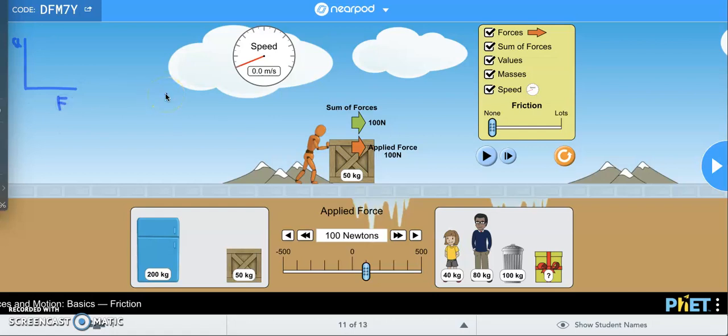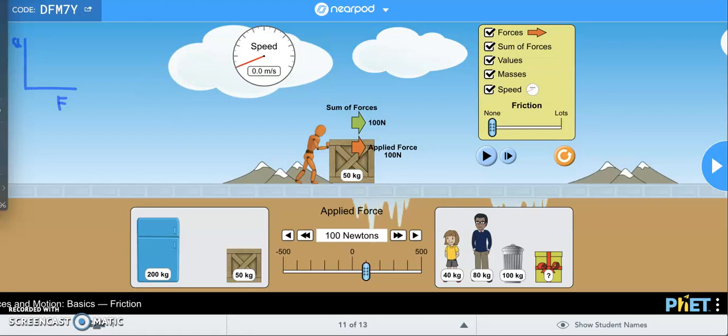So your first graph will be acceleration versus mass for part 1, when we're changing up the masses. In the second portion of the activity, when you change up the force, you are going to graph acceleration versus the force on the box. All right, so those are the 2 graphs you are making, and then you'll answer some questions about it.